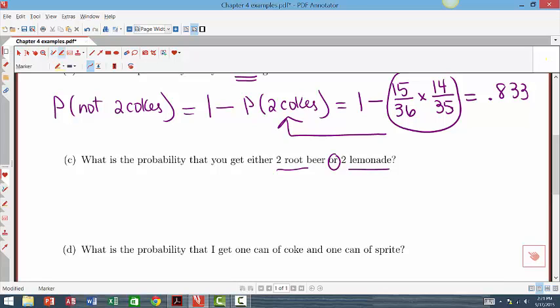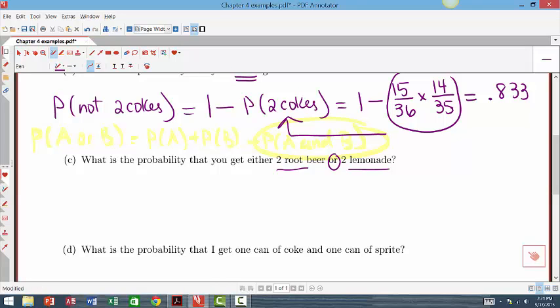Just to remind you, the general addition rule looks like P(A or B) equals the probability of getting A plus the probability of getting B minus the probability of A and B. But if our events are getting 2 root beer or 2 lemonade, they do not have anything in common. You either get 2 root beer or 2 lemonade, so we don't have to worry about this part right here.